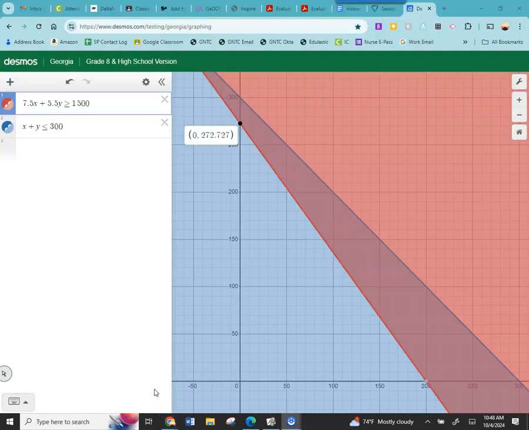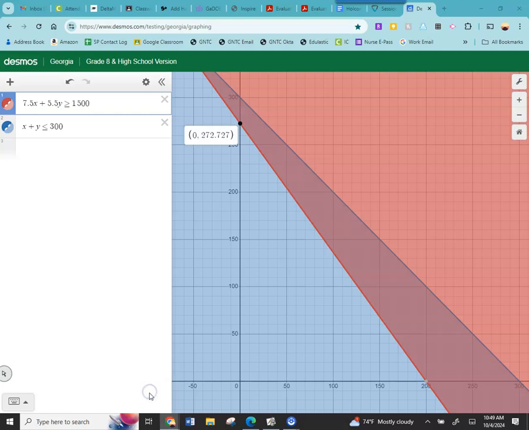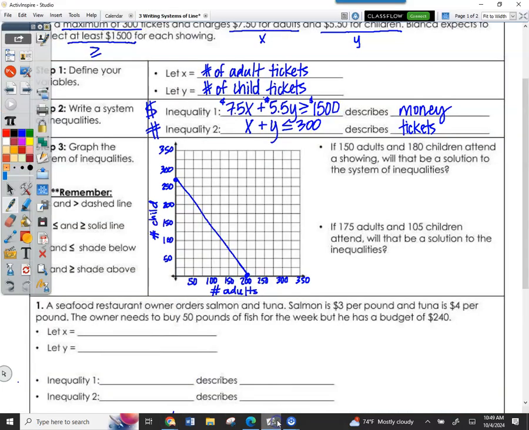We've got 200, the red line is 200 to 272. So I'm going to go here and put a point at 200, and then a point about 272, and draw my line. Next, I've got 300 to 300. So 300 to 300, and then do the best I can. I can give you a ruler if you want a ruler.